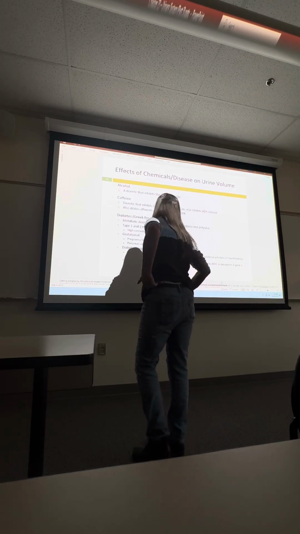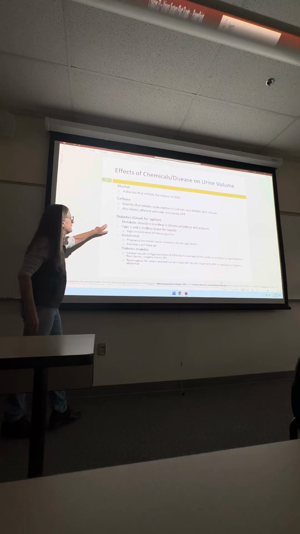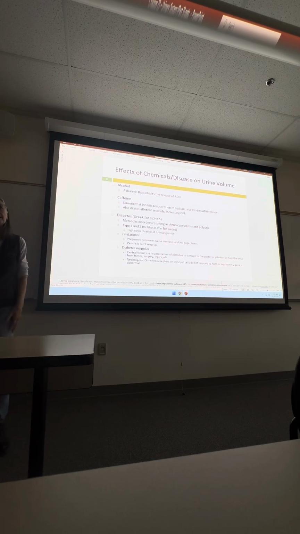So another thing that can happen in our production of urine is this condition called diabetes. And this is not diabetes insipidus, because you know diabetes insipidus has nothing to do with ADH or water or anything like that. Diabetes insipidus is what? The genes, genetic.